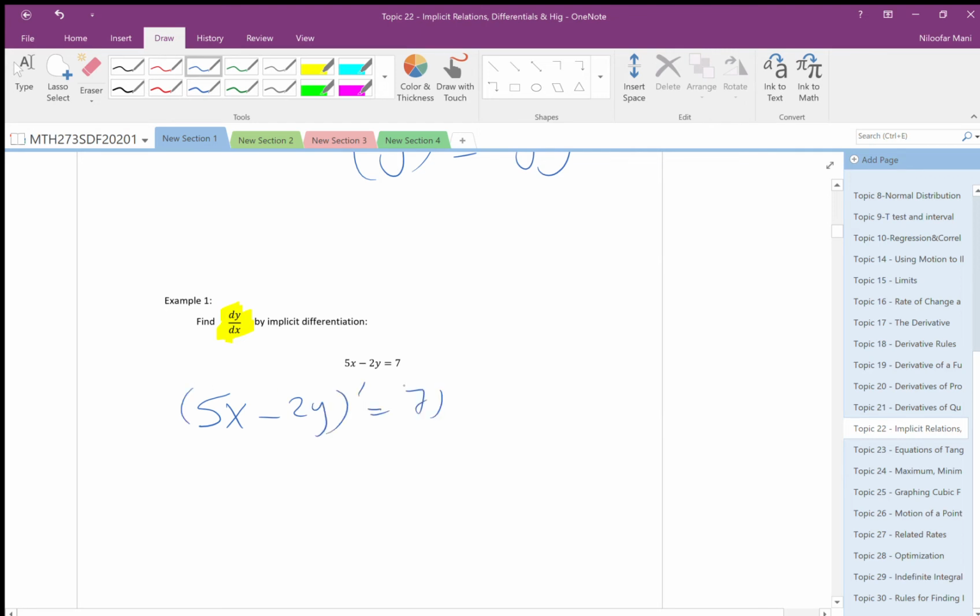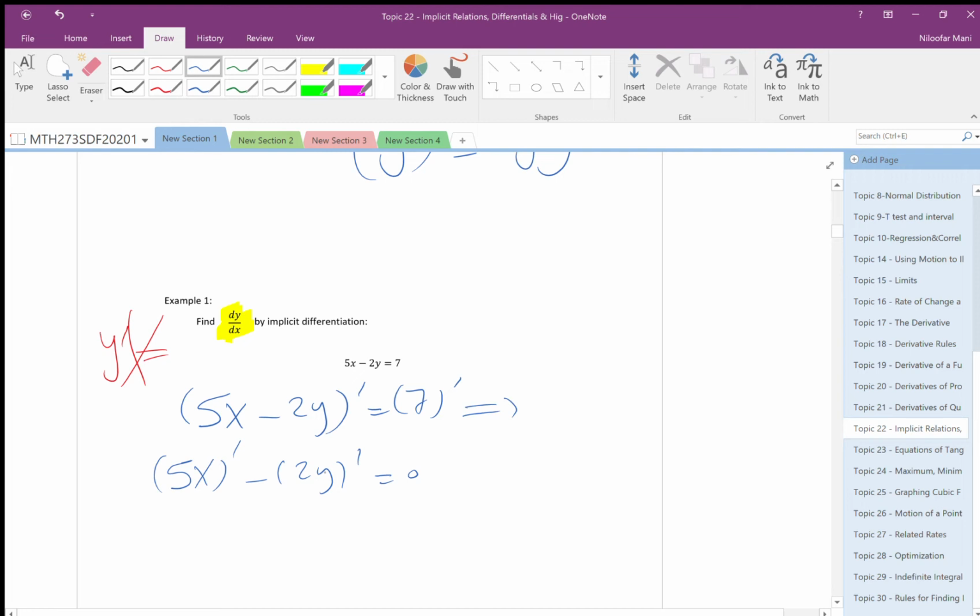equal derivative of that. Remember, don't start y prime equal. No, no, no. Here you don't have y equal, so you don't start from y prime equal. Derivative of both sides. Okay? So you do derivative of 5x minus derivative of 2y equals 0.